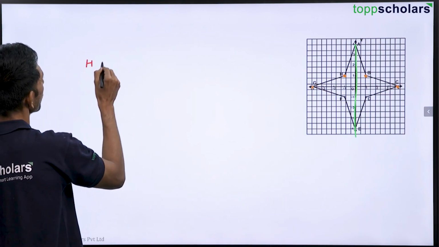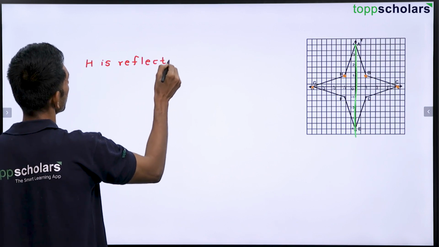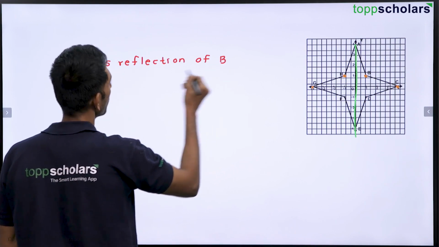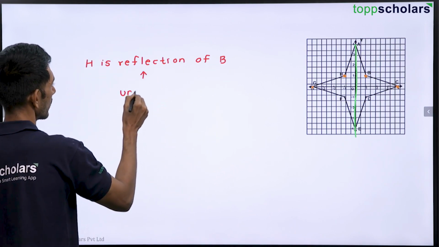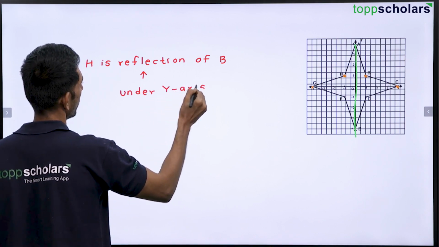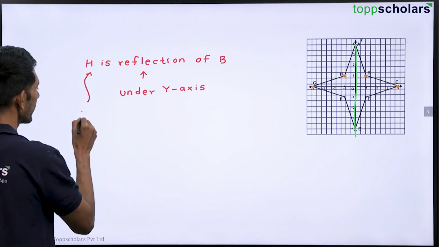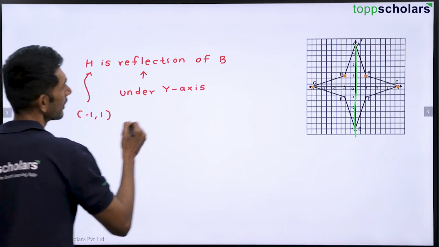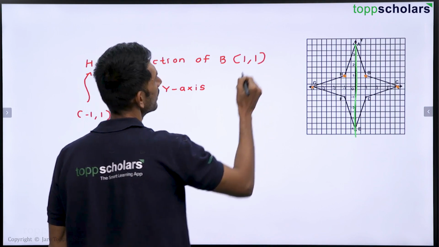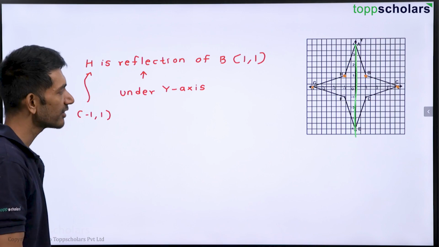H is the reflection of B. But this is under what? Under y-axis. What are the coordinates of H? Coordinates of H are -1, 1. And what are the coordinates of point B? 1, 1, right? So under y-axis what happens? Y remains same, x changes the sign.